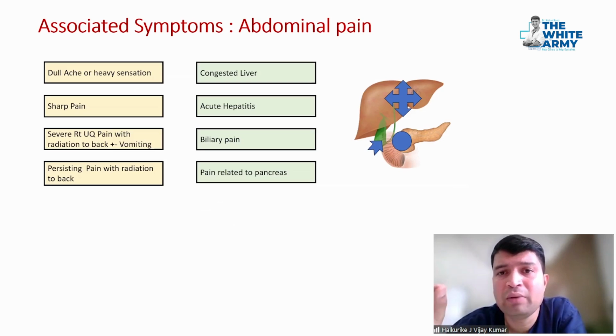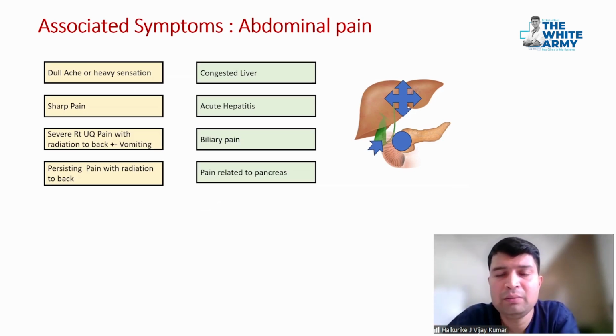We all know that a heavy or fatty meal will stimulate gallbladder contractions. So the typical pain which comes after a heavy fatty meal, in the epigastrium and right upper quadrant, radiating to the back, plus or minus vomiting, is a typical biliary colic or biliary pain.